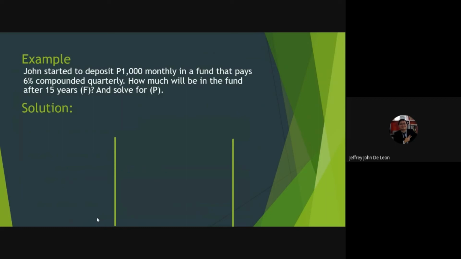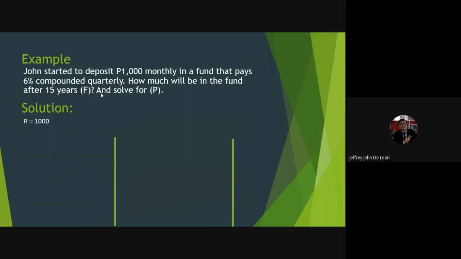That is the future value, and we also solve for the present value. Is this a general annuity or a simple annuity? The payment interval is monthly and the interest period is compounded quarterly. They are not the same, so this is a general annuity.